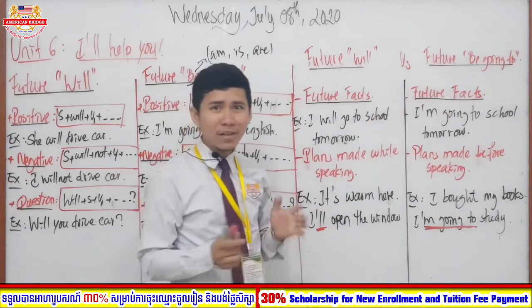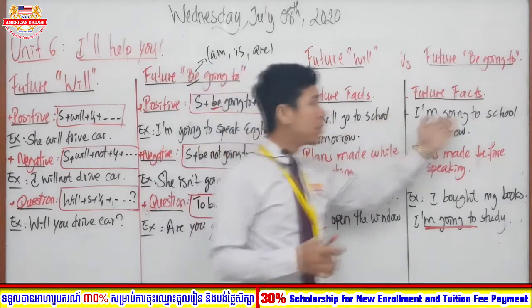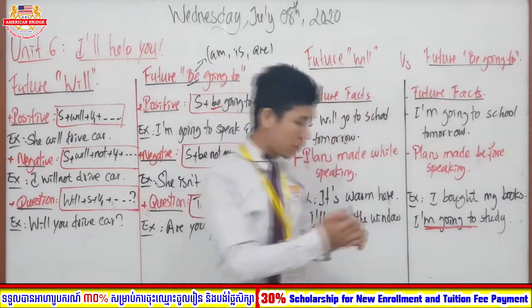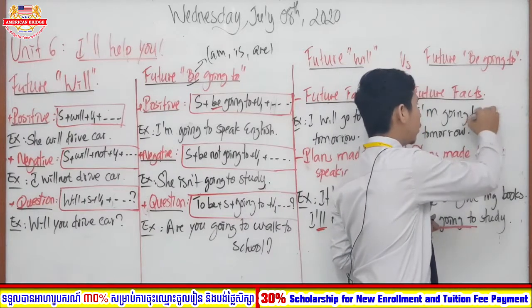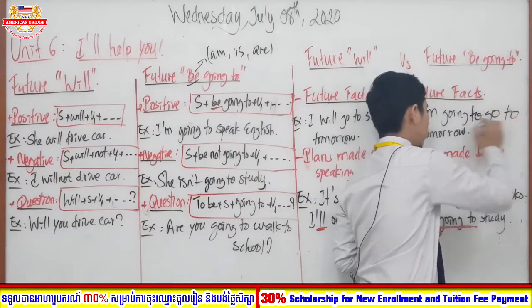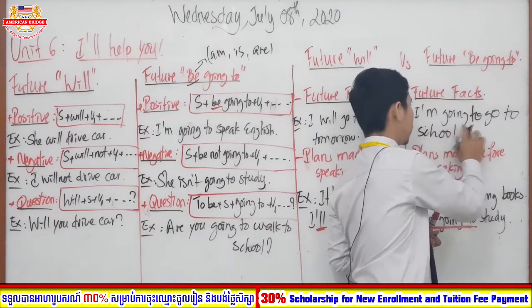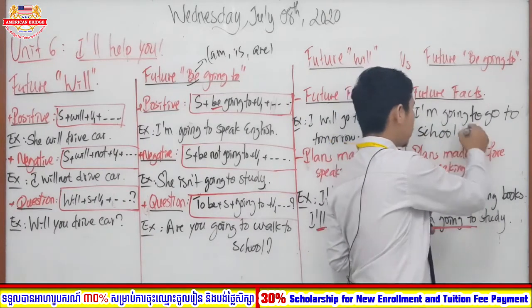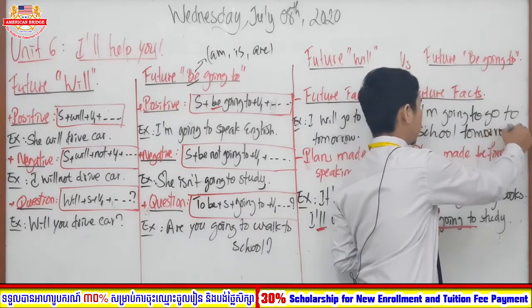For example, I will go to school tomorrow. I am going to school tomorrow. Oh, sorry, this one is not right. I am going to go to school tomorrow. So this is the right sentence related to be going to.